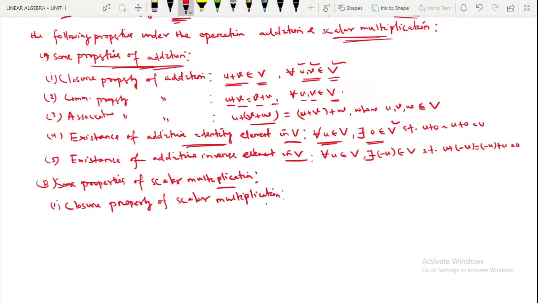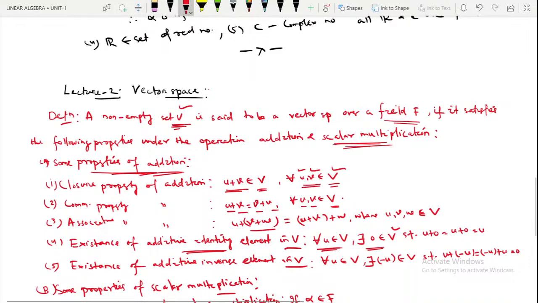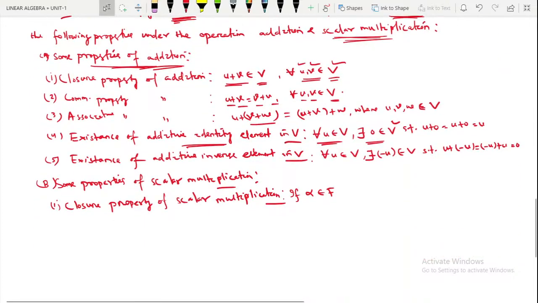So what do we mean by closure property of scalar multiplication? It says if alpha belongs to scalar field F, what is the F? I already told you a non-empty set V is said to be a vector space over a field F. So that alpha must belong to that field F. Okay.